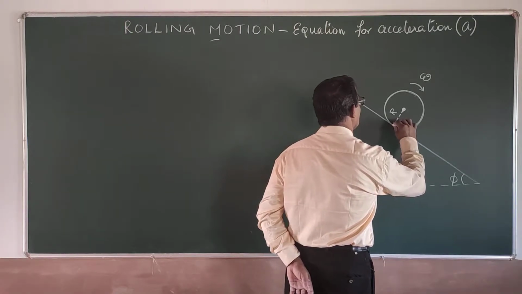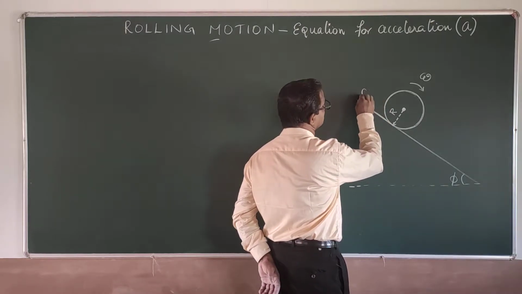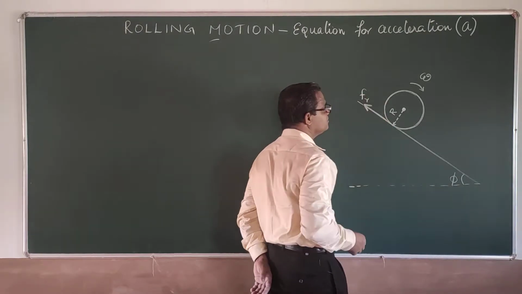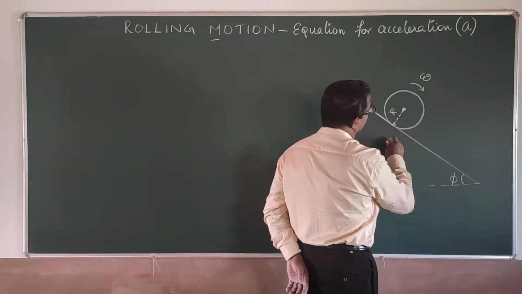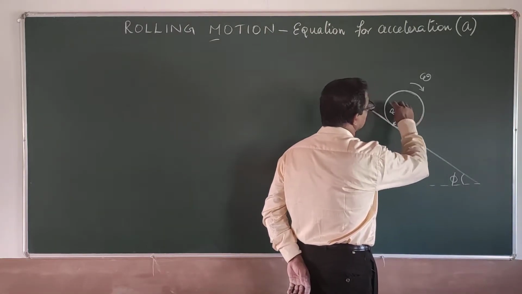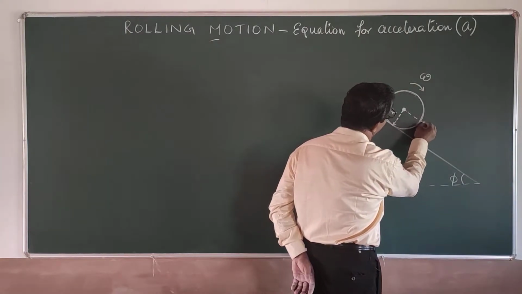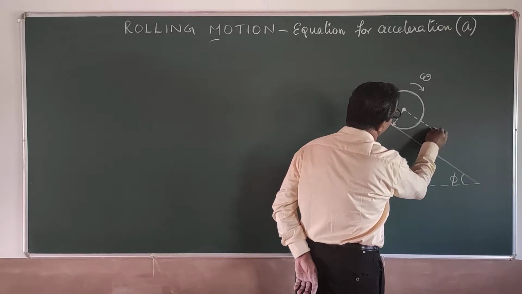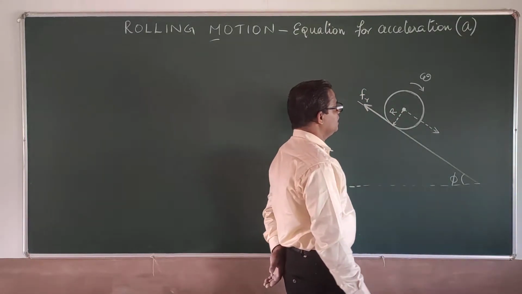As it is rolling down, there will be a frictional force acting along this direction, that be Fr. And this Fr will be making the body roll down, so that the center of mass will be going along this direction linearly.